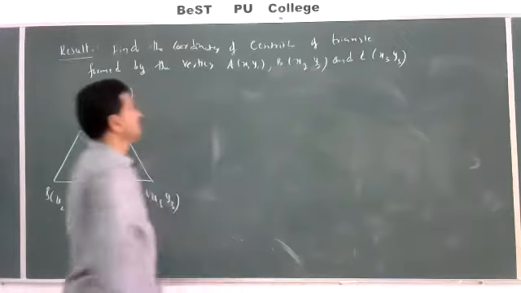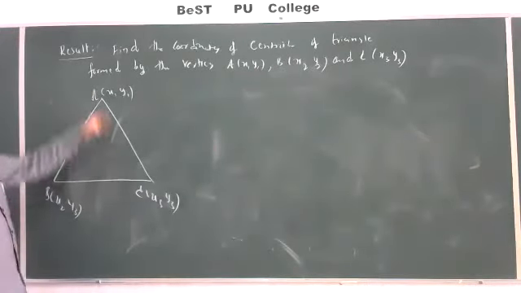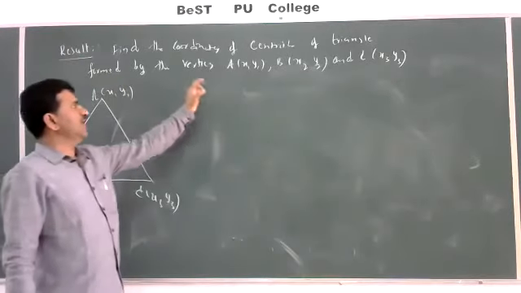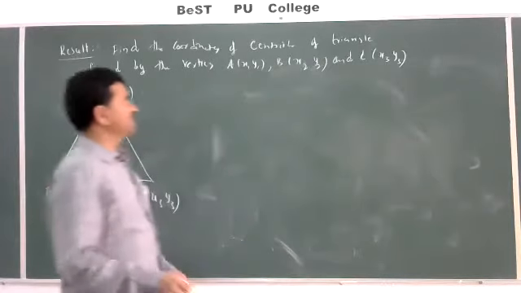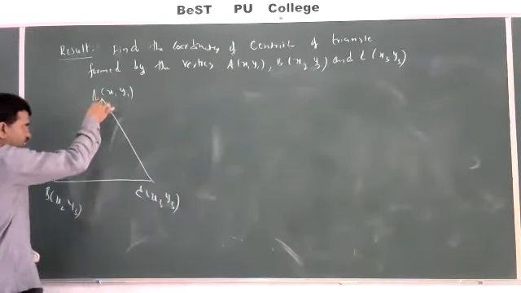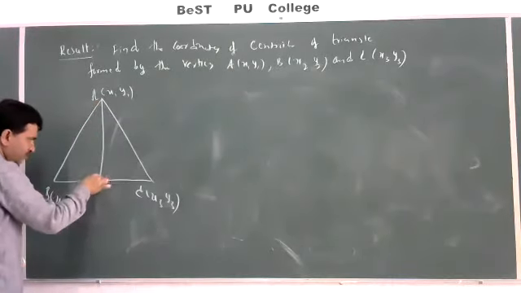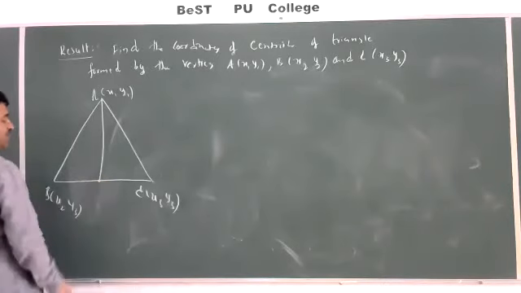So analyzing the first result, see this one. What is the definition of a median? The point of concurrency of the medians is called centroid.